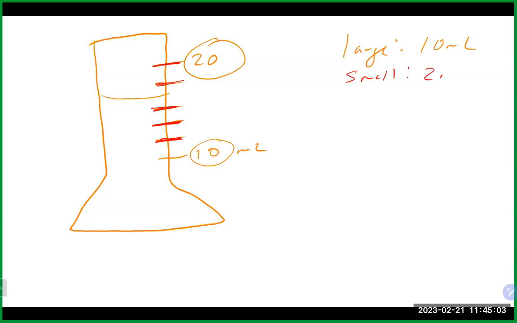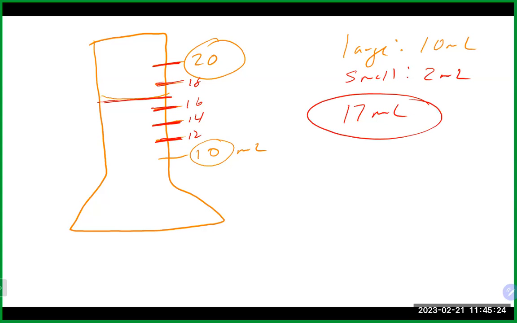It represents 2 milliliters in this case. So that's a 12, a 14, a 16, and 18. Now, our liquid is actually between 16 and 18. The best you can do on this one is what's between 16 and 18? 17. So 17 milliliters is what you would record in this case.